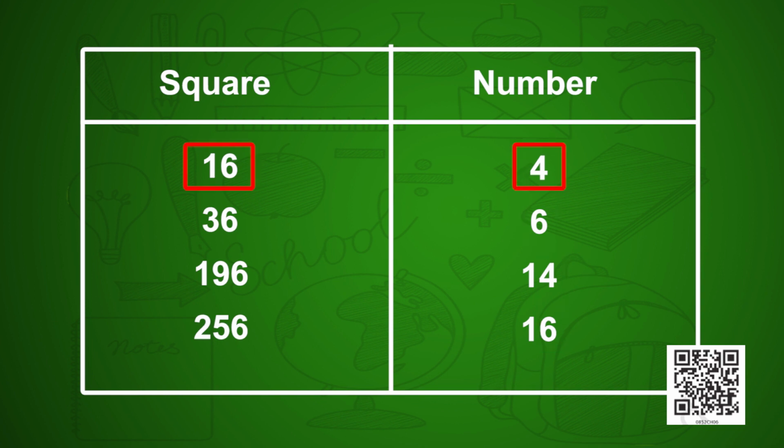The square of 4 is 16, the square of 6 is 36, the square of 14 is 196, the square of 16 is 256. We can see that whenever a square number ends with 6, then the number for which it is a square number will either have 4 or 6 in its units place.